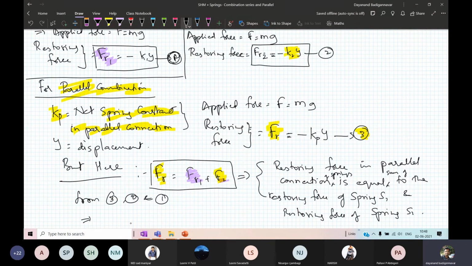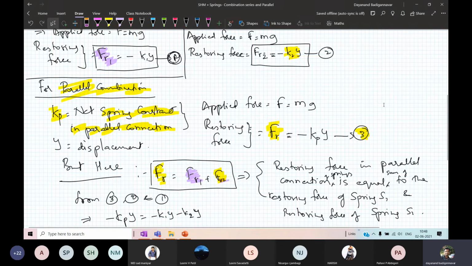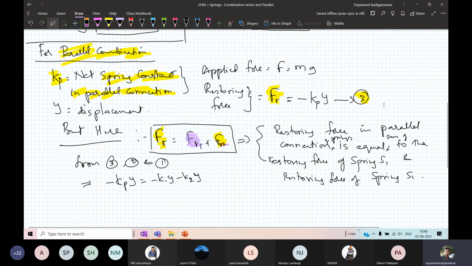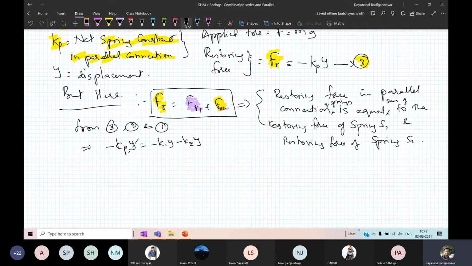minus of Kp into Y, that is equal to Fr1 from equation 1, minus of K1 into Y, plus Fr2, which is minus of K2 into Y. Now here I can cancel Y, and I can also cancel the negative sign.